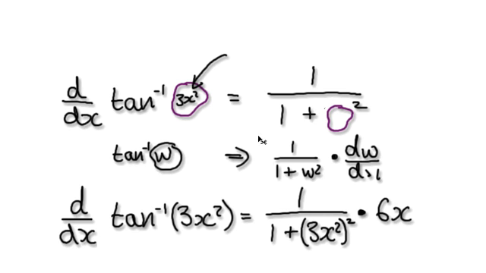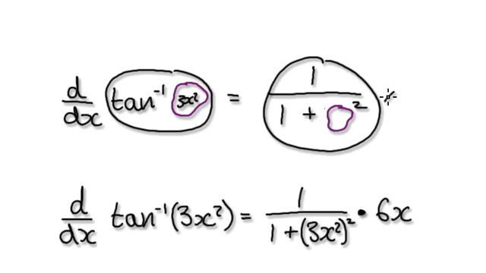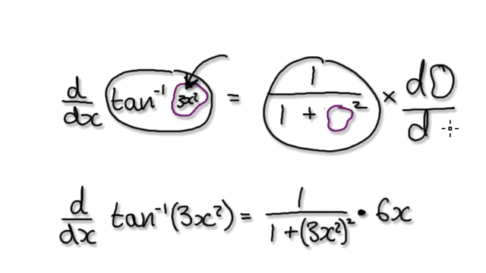So my point is that if you want to differentiate this, differentiate it as normal, which will give you this, and then you've got to times the derivative of the bubble itself. So you've got to differentiate the bubble itself.